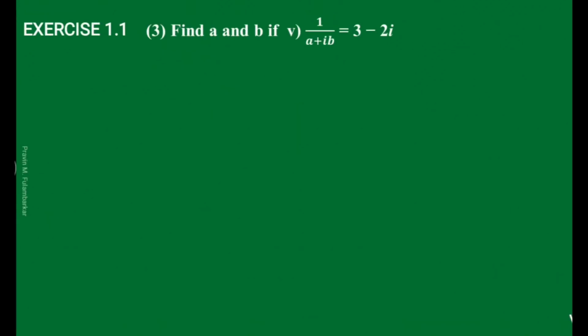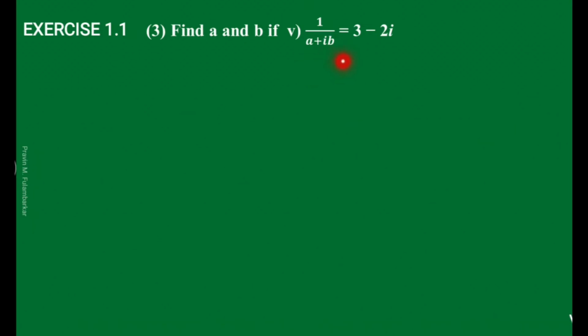Now see next question. 1 upon a plus ib equals to 3 minus 2i. So this is in fraction form, left hand side in fraction form. So we transfer this a plus ib to right hand side. Solving a problem in product form is more convenient than solving in division form.